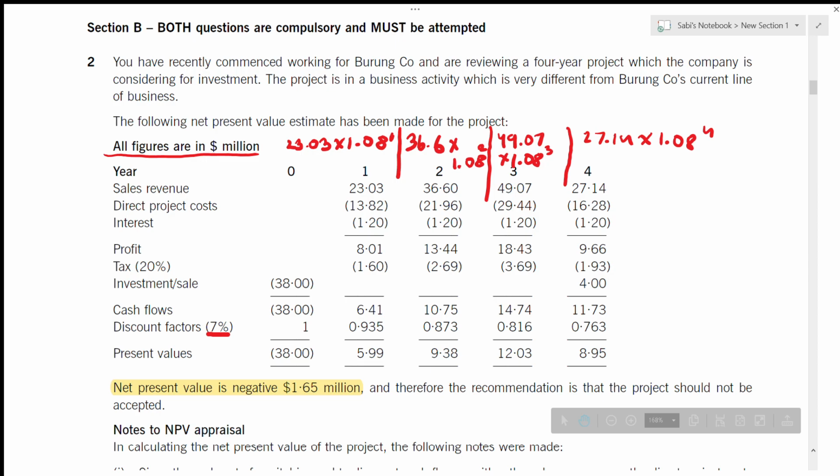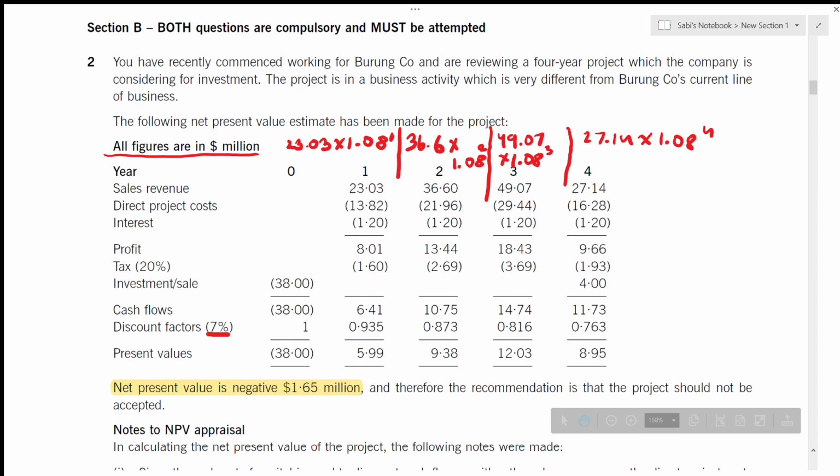Direct project cost has to be inflated by how many percent? 4%. I recommend that you keep the question paper in front of you when doing this with me, so that you don't have to keep going back to my video to check which inflation rate to take. So direct project cost is 4%. I'm not writing this whole thing again.